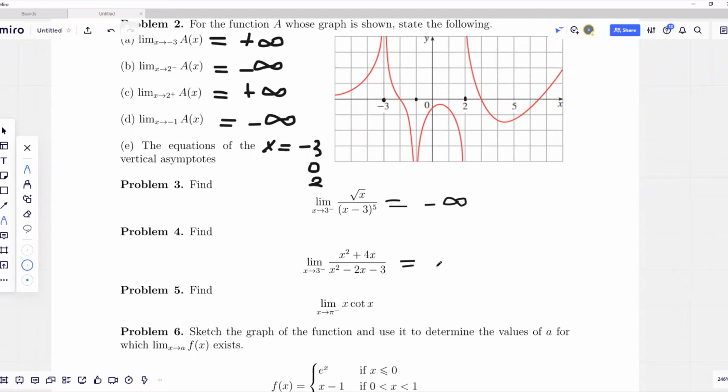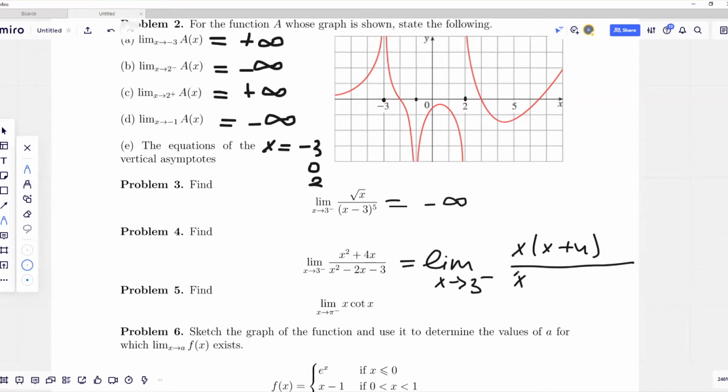Next one, we can express that as x multiplied by x plus 4. So limit as x is approaching 3 from the left side, x plus 4. In the denominator, the sum of roots is equal to 2. The product of them is -3.